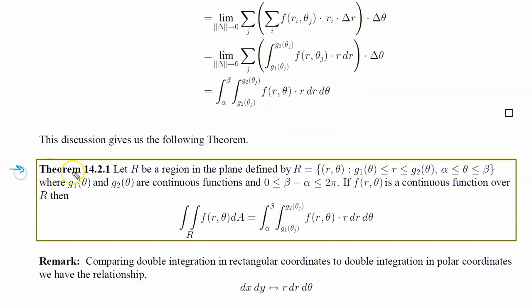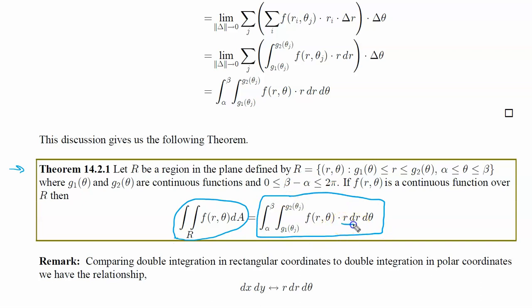So what this theorem states is that if you have a region in the form r comma theta, where r is between the two curves, g1 of theta and g2 of theta, and theta varies between alpha and beta, where the alpha and beta are fixed constants, then you can write this double integral in this form right here.